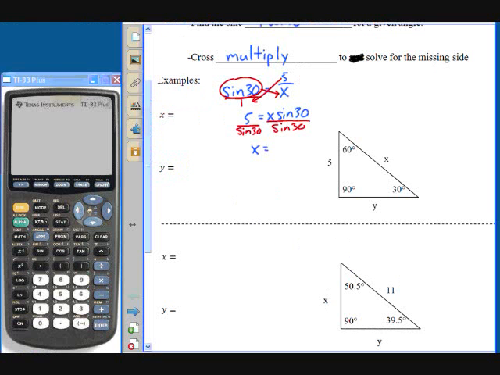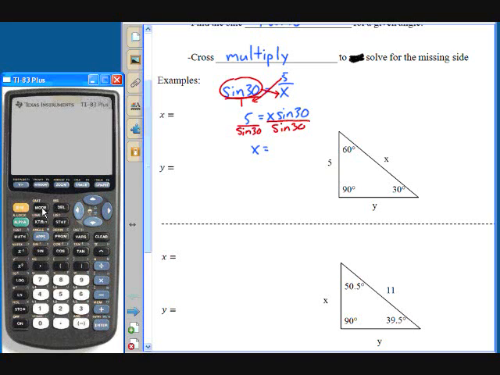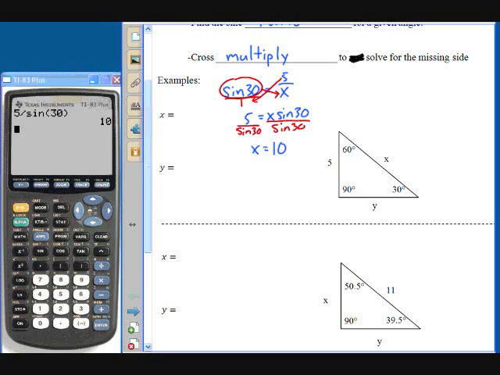And when you're using the calculator, just make sure that you're in degrees. So for this one, 5 divided by the sine of 30, and it gives me a 10. So my answer here is 10.